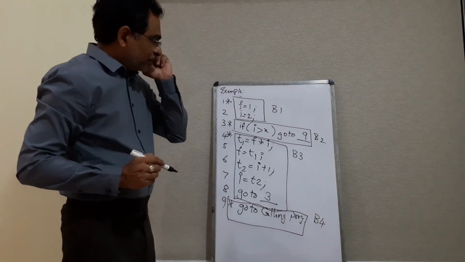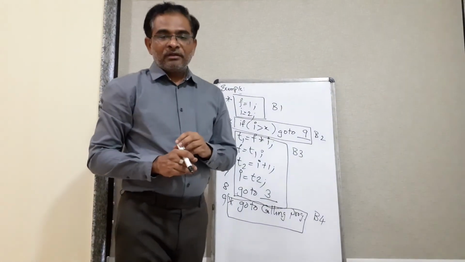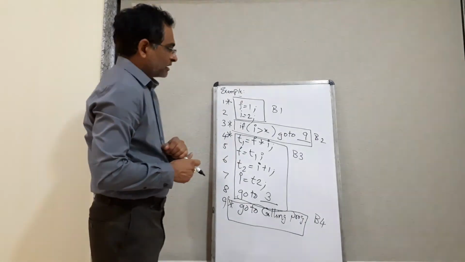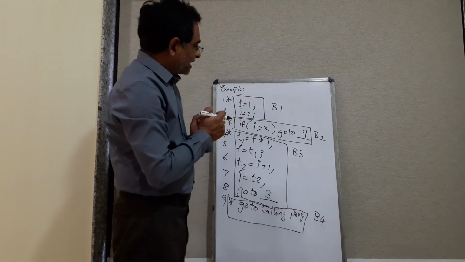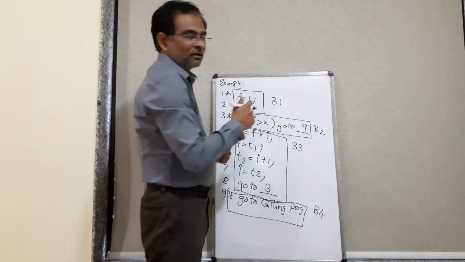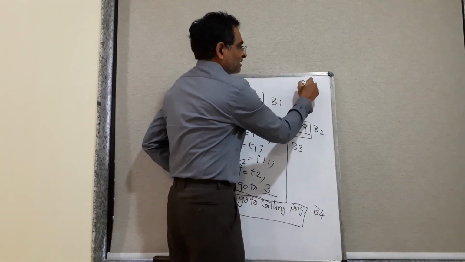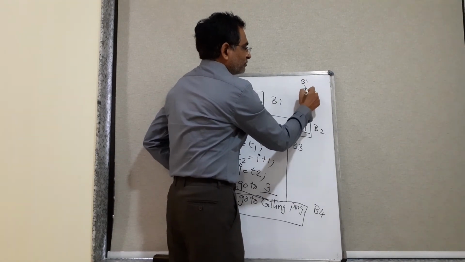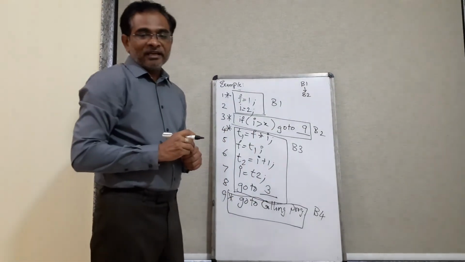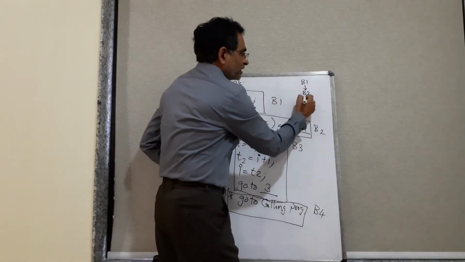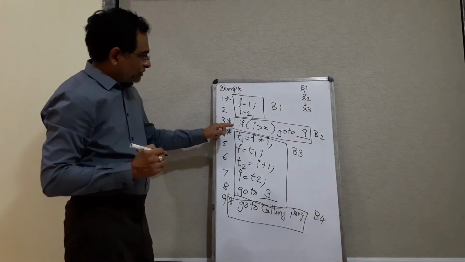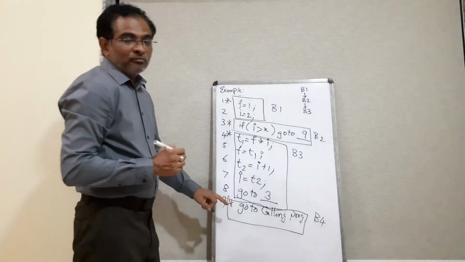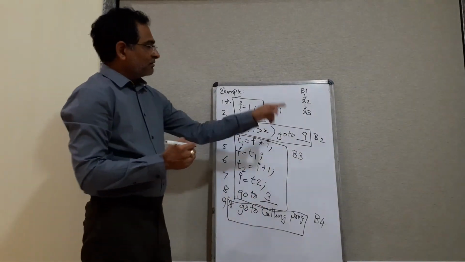So B1, B2, B3 and B4 are the 4 blocks which we have identified. Now if you want to put this in diagrammatic form, B1 passes control to B2, and then from B2 it goes to B3, and then from B3 it passes again to B2.